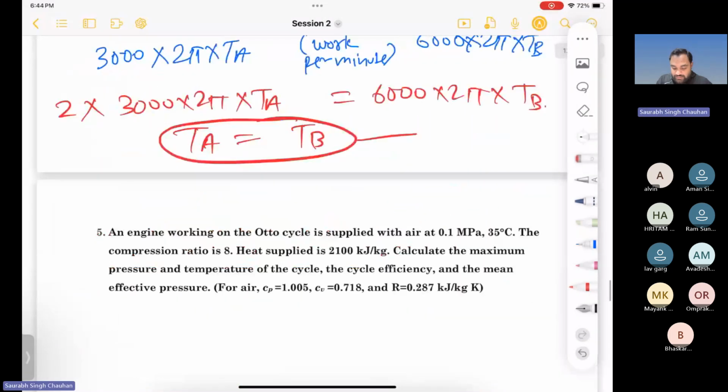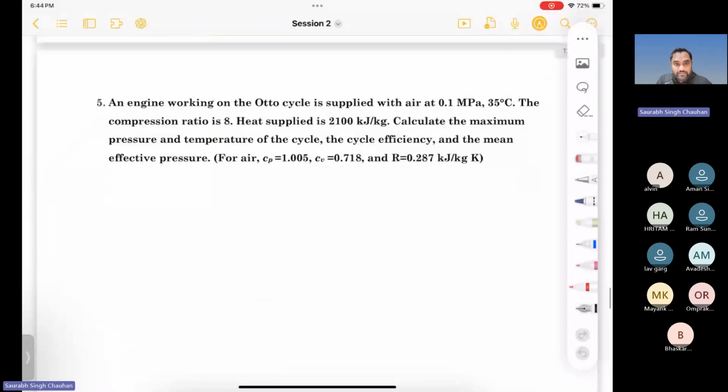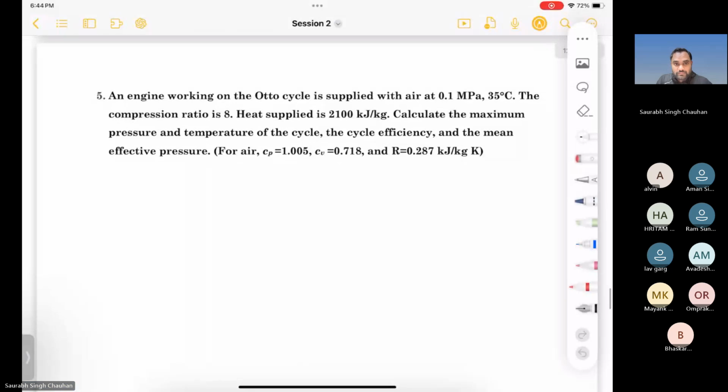So if there is no doubt, then we can move to question number 5. No doubt, sir. Okay. Question number 5.